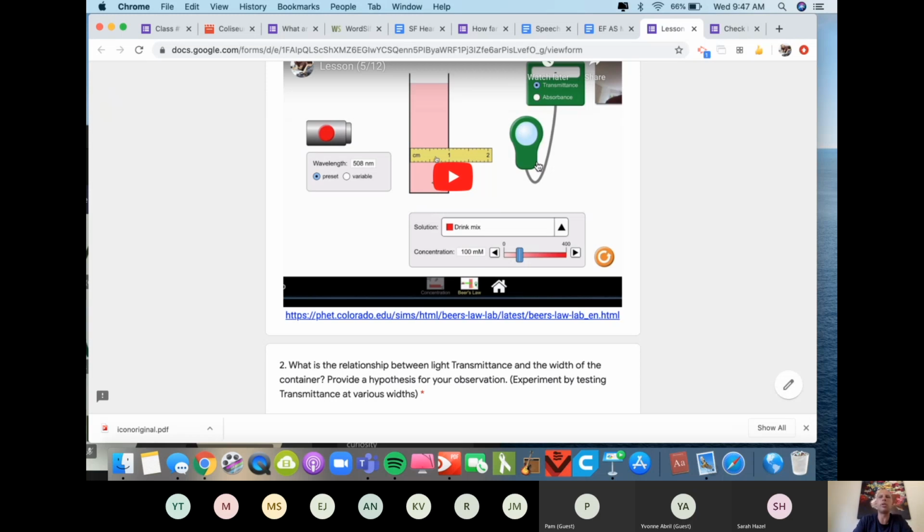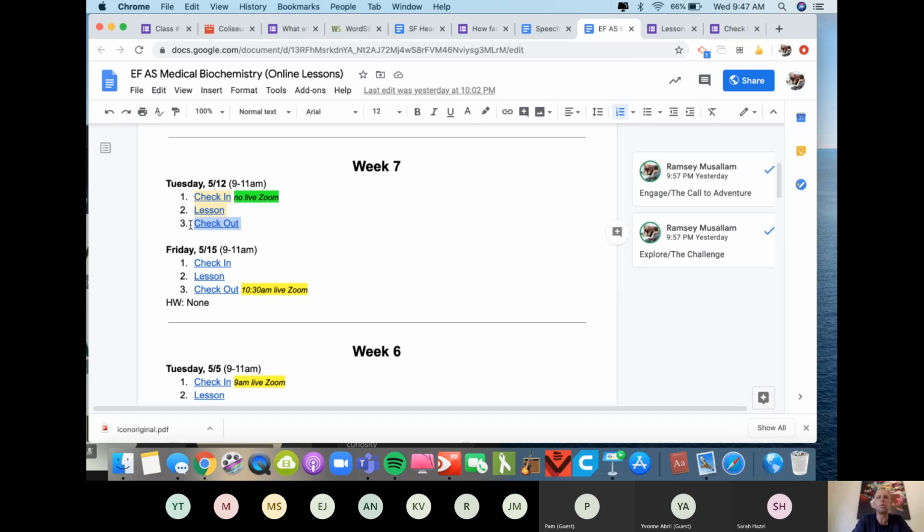all the while prepping themselves for how this might apply to the next lesson at hand, which is the checkout, which we will be talking about in our next class. So that's one example of how I was doing it in the distance space.